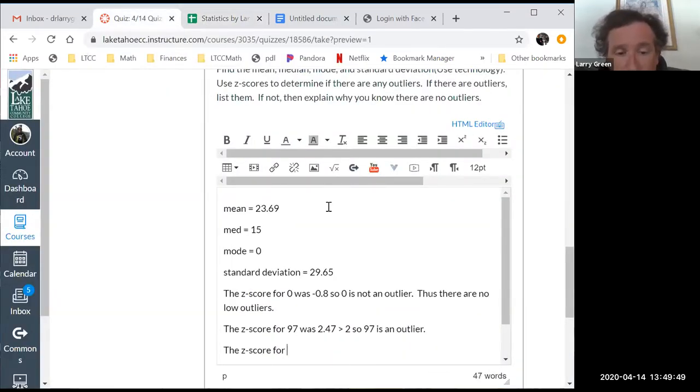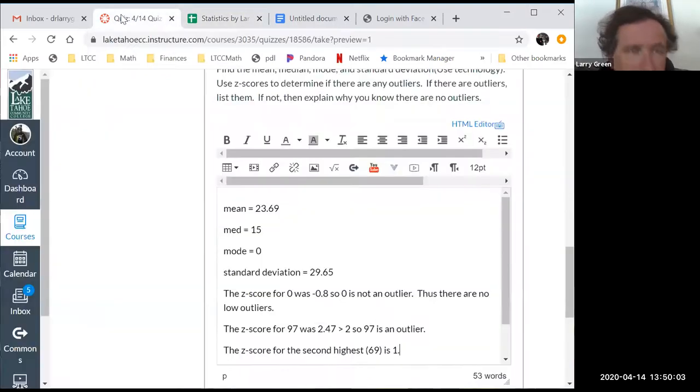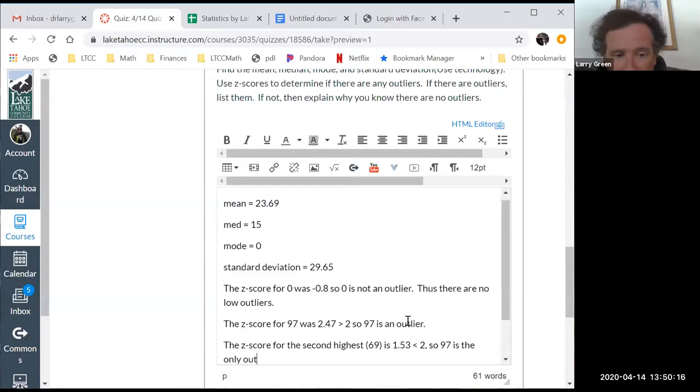So the z-score for the second highest, that's 69, is 1.53, which is less than 2. So 97 is the only outlier.